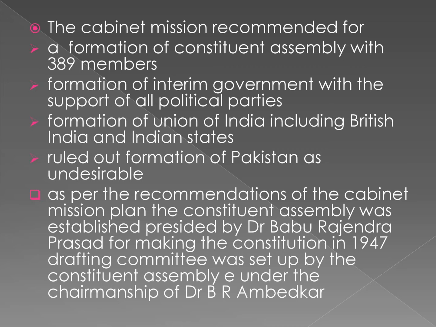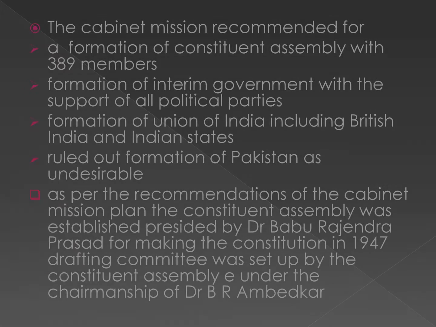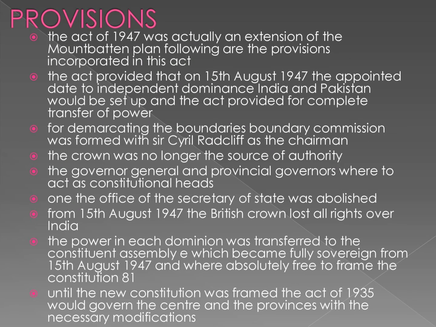Then the main provisions incorporated in this Act: the Act provided that on 15th August 1947, the appointed day, two independent states, India and Pakistan, came into existence, and the Act provided for complete transfer of power into the hands of India and Pakistan.